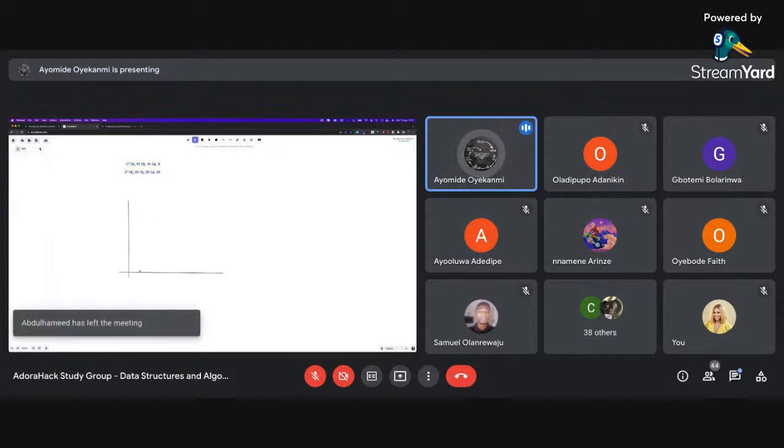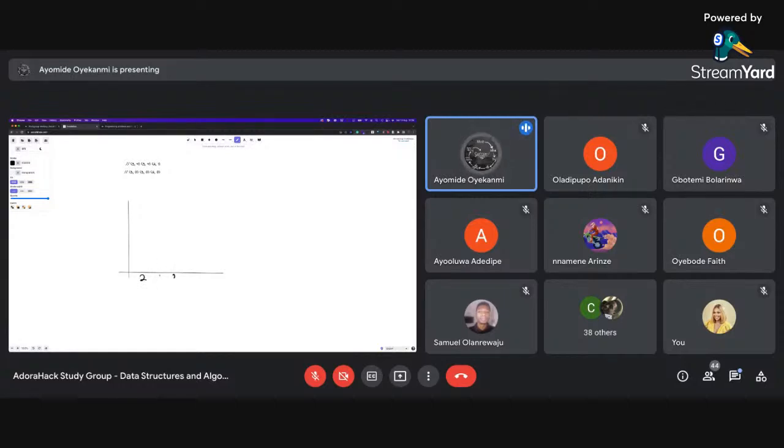We would have maybe 2 here, and then 3 here. There are 2 dots here, I don't know how to mark 2 dots, but let's just imagine 2 dots, and then there's 1 dot here.